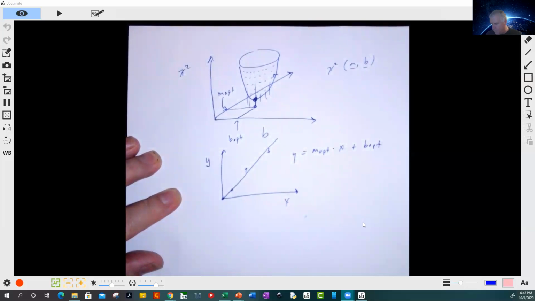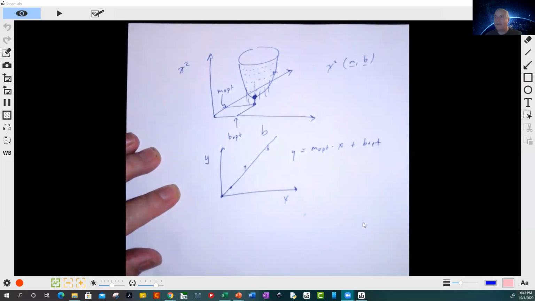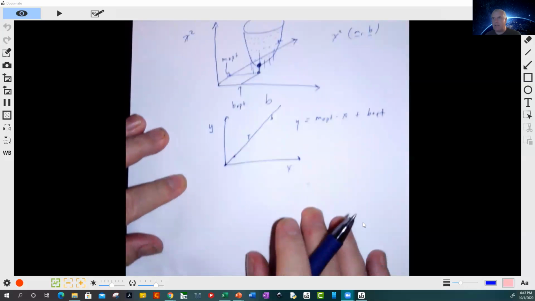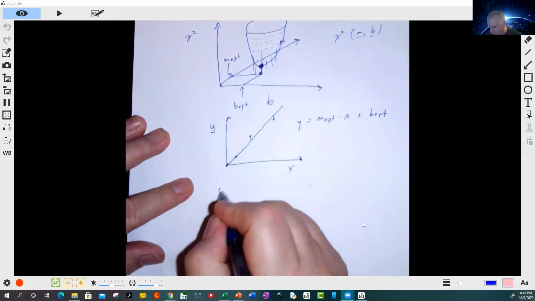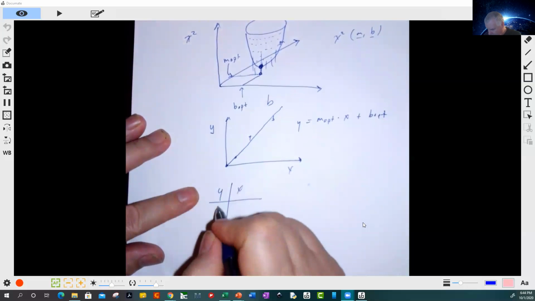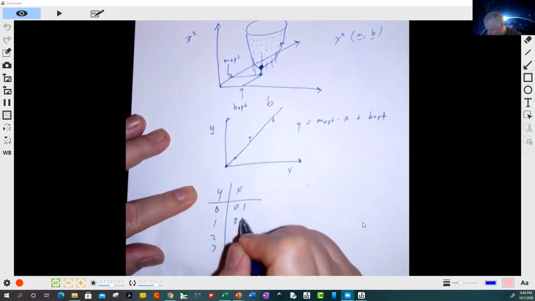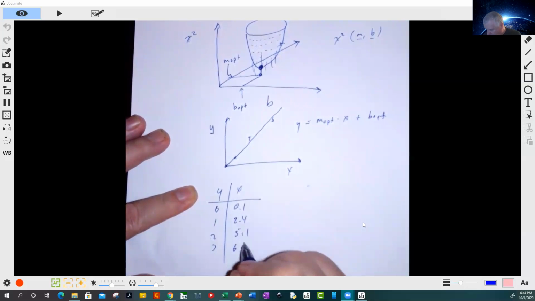This is just two parameters, M and B, and the function of X is just X. So if you wanted to set this up in a least squares problem, you'd have y and x: 0, 1, 2, 3, with y values 0.1, 2.4, 5.1, 6.7, like that.